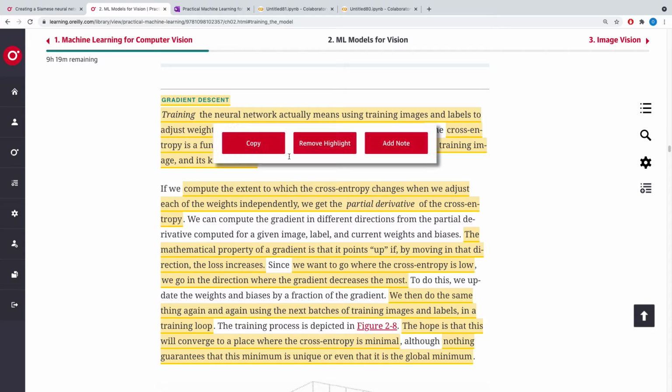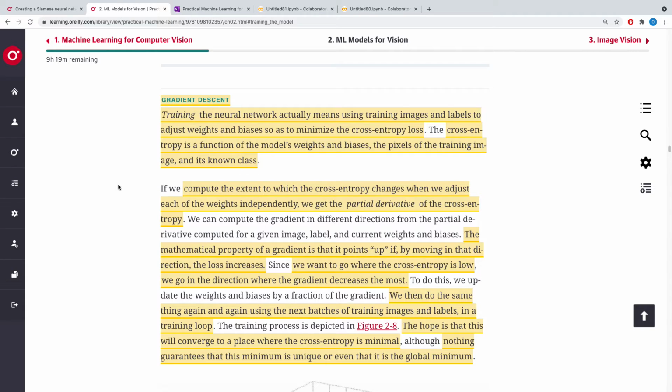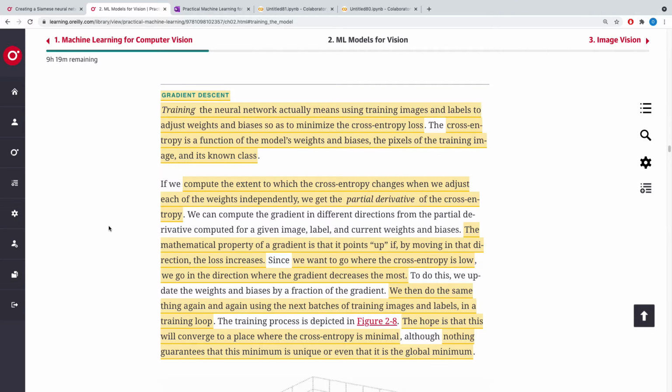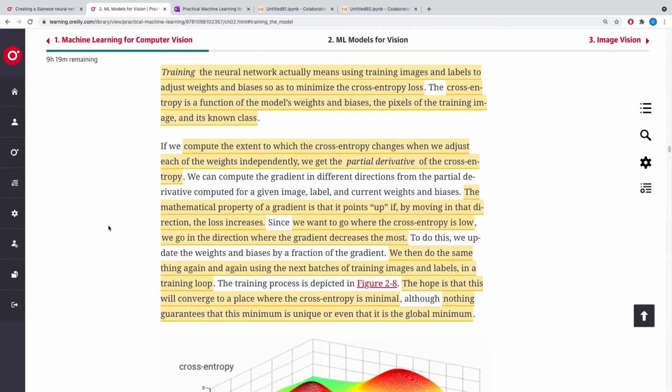So the loss function is a function of the model's weights and biases, and the input, of course, which in our own case is the pixels of the training images, as well as the ground truth, which is the label. So we compute the extent to which the loss changes when we adjust each of the weights, and we get a partial derivative.